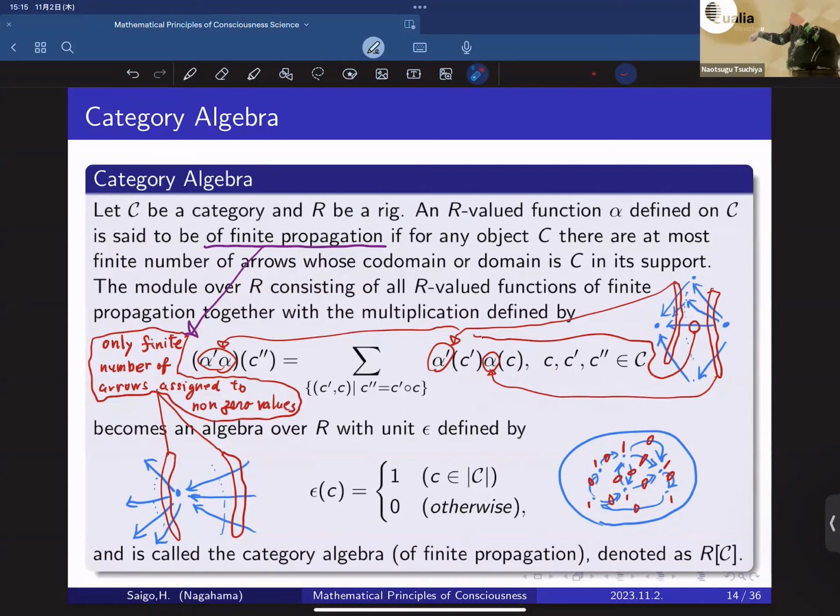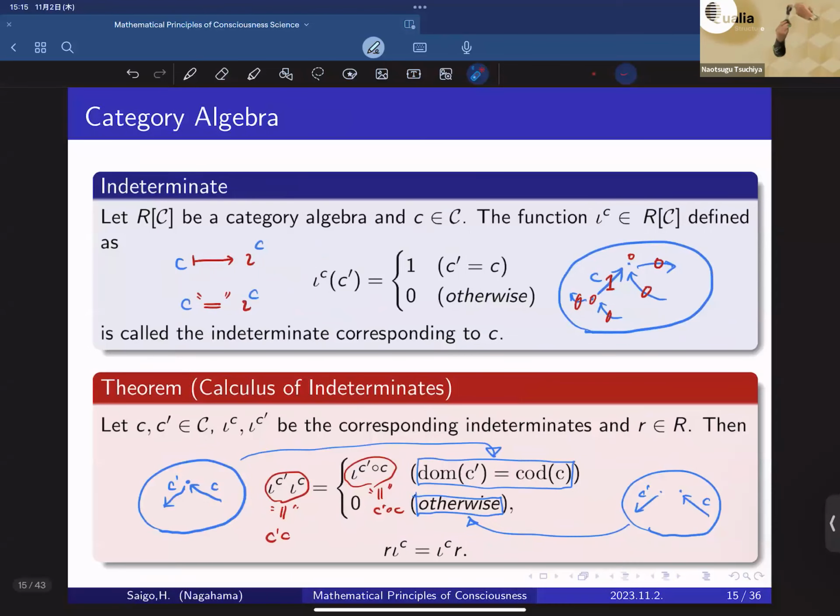For other arrows 0, then this becomes a multiplicative unit in this algebra, even if the objects are infinitely many. Okay, so as I explained, the idea is very simple.